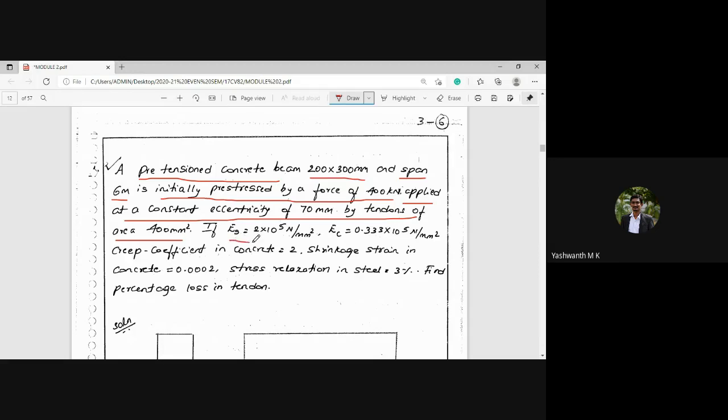Modulus of elasticity of steel is 2 into 10 to the power of 5 Newton per millimeter square. Modulus of elasticity of concrete is 0.3 into 10 to the power of 5 Newton per millimeter square. Creep coefficient in concrete is 2. Shrinkage strain in concrete is 0.0002. Stress relaxation in steel is 3%.